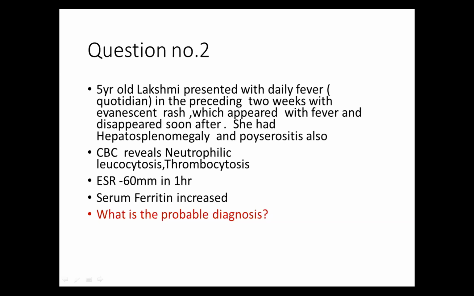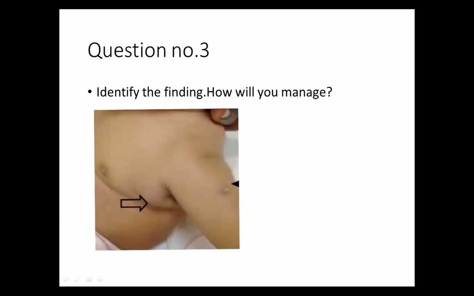The clue is neutrophilic leukocytosis, thrombocytosis, and elevated markers like CRP, ferritin, ESR. That is the diagnosis. Repeatedly I'm telling you, nowadays we are seeing more rheumatological disorders. Keep this open, and think of non-infective causes whenever you come across prolonged fever. Please go to the next one.